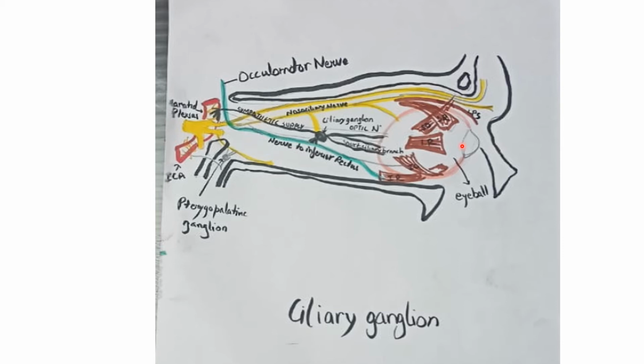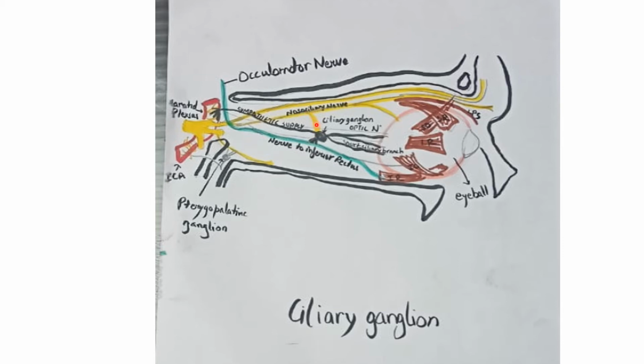Understood? Okay, now what about the sensory root? The sensation of any pain, touch, thermal sensation of the eyeball is concerned with your sensory supply, and that is from the ophthalmic, especially the nasociliary. So the sensations from the eyeball, all kinds of sensations, pain, touch, temperature, pressure, are carried via the nasociliary.